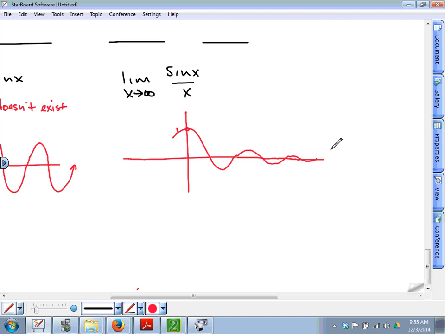As you travel along this graph then, as x approaches infinity, what are you approaching? You're approaching 0, so this limit exists. And the limit is 0. So just keep that in mind. It doesn't just oscillate. The oscillations are getting smaller and smaller and smaller. So anyway, that's the end of that.